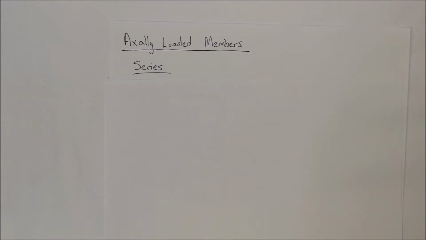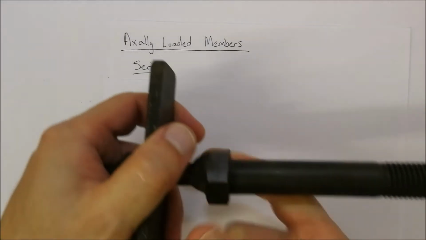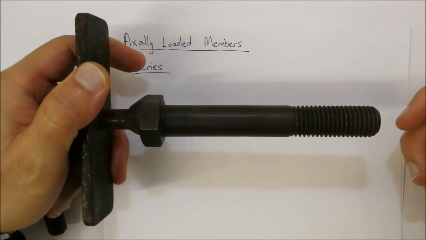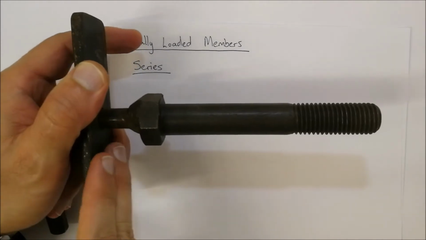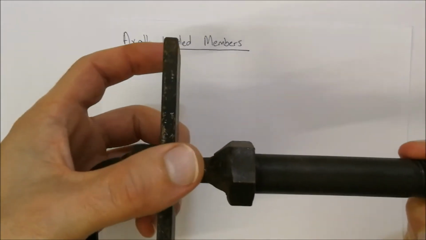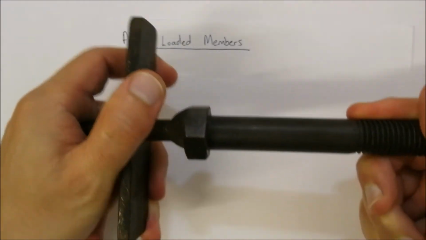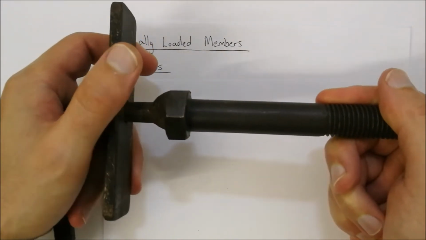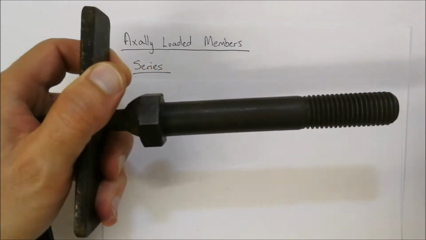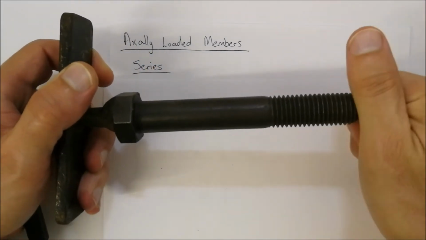If you take this piece of material into consideration, say I had some force on this plate, which is not able to move backwards, it's stuck over there, and I applied some pulling force on the right hand side.